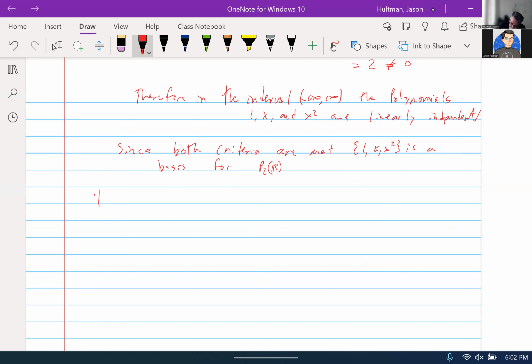Okay, the set S equals {1, x, x squared} is actually the standard basis of P2.